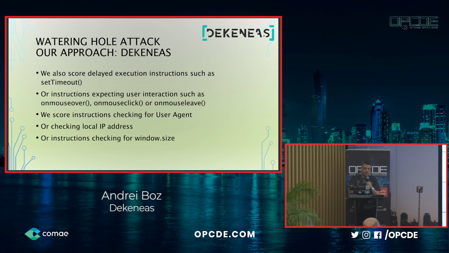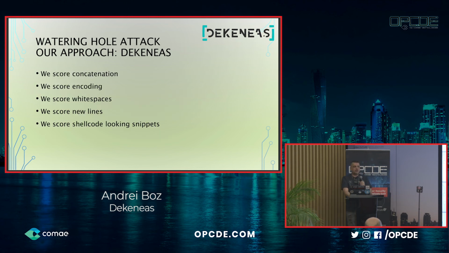So we take that into account when we analyze the JavaScript or the HTML. Also, we're looking for instructions, for instance, looking for the window size. As we stated previously, the window size is used as one factor to determine if the analysis environment is present or if it's a normal user browsing the website.